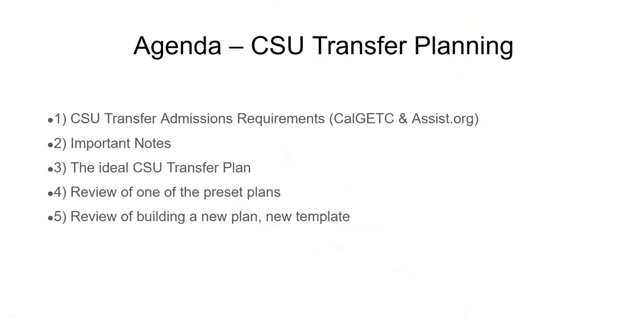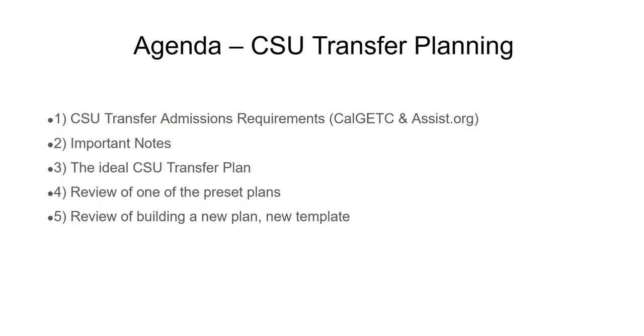The agenda today: CSU transfer admissions requirements. Number one, we're going to review the CalGETC, which is the California General Ed Transfer Curriculum, and then assist.org, which is more of how to identify equivalent major courses at TMCC. Then there's a page on important notes, the ideal CSU transfer plan.